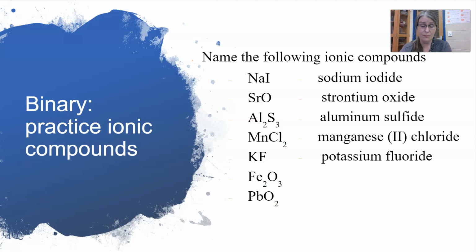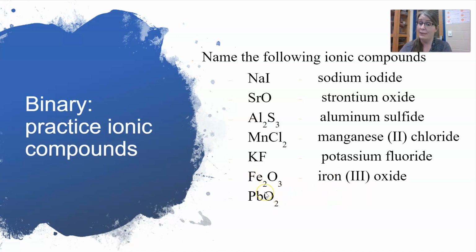One thing to check though is make sure if you do a reverse crisscross that you make something that actually exists. See, because if I take this 2, that makes oxygen 2-, and that's absolutely what I know oxygen should do. So if I reverse crisscross this, that tells me that iron had to be 3+, and that is iron 3 oxide.